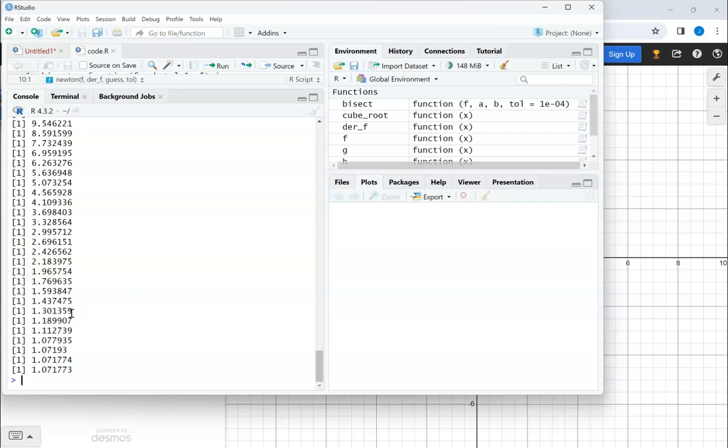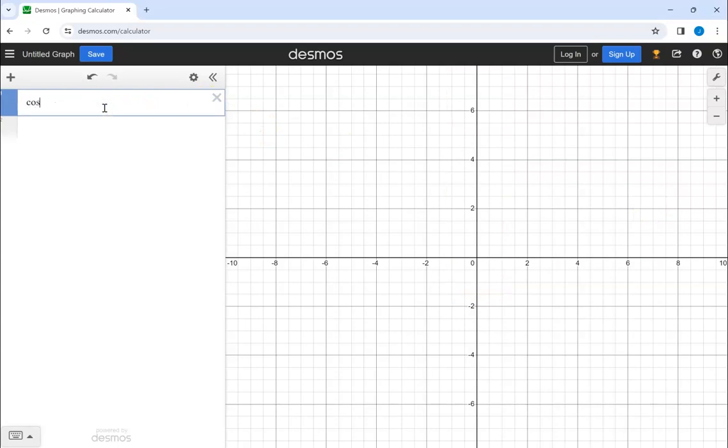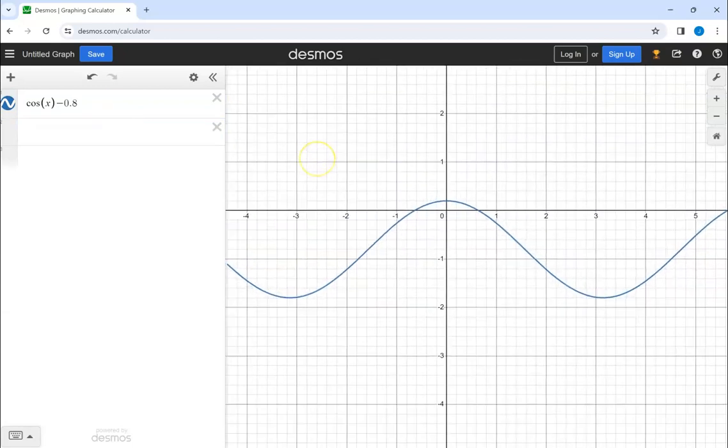Let's do another example. I'm going to look at the graph first. Let's just look at the function cosine of x minus 0.8. Zoom in a little bit here.